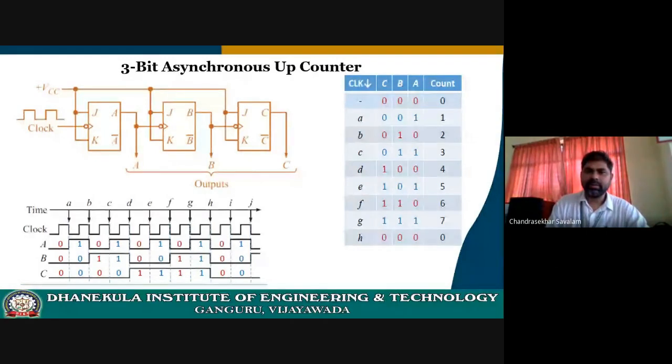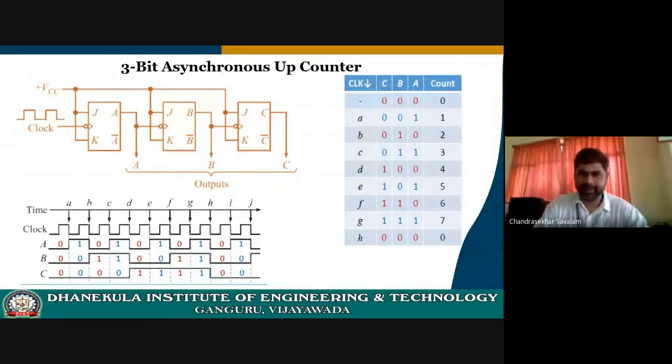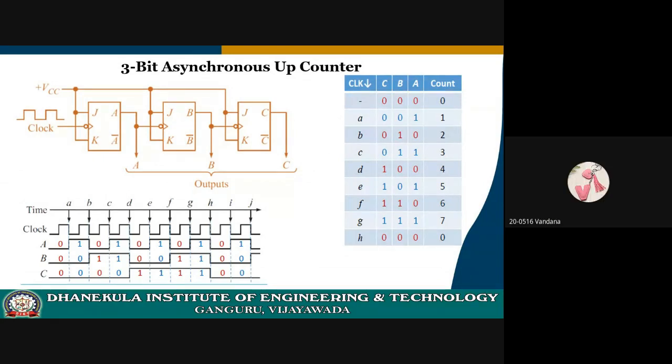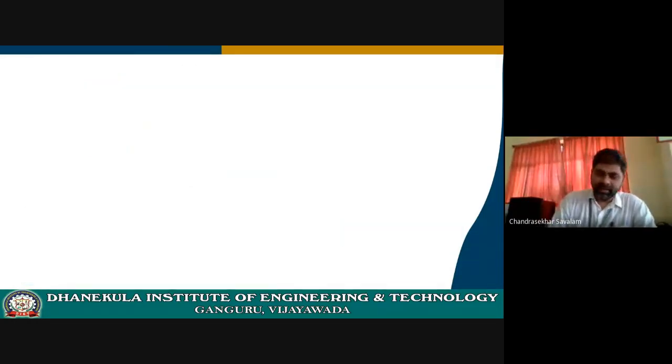What is the difference between the 2-bit asynchronous counter and the 3-bit asynchronous counter? No. See, in the 2-bit asynchronous counter, we are taking the T flip-flop directly. So like this.